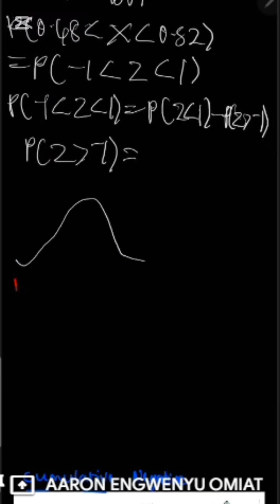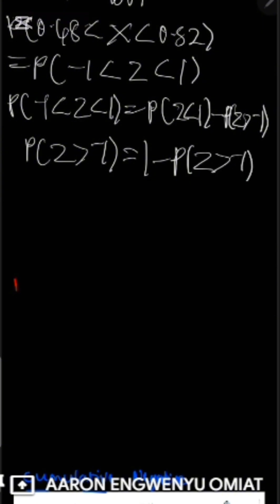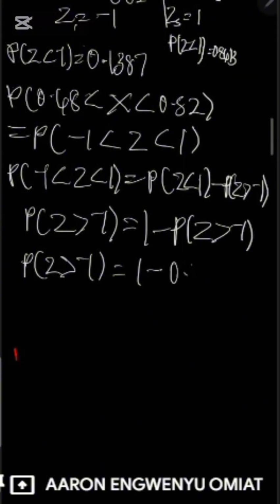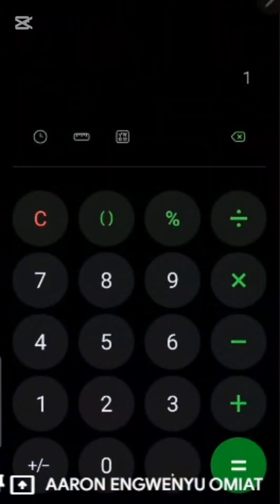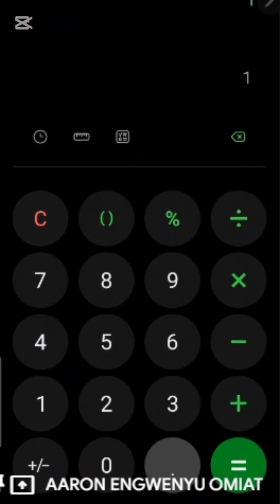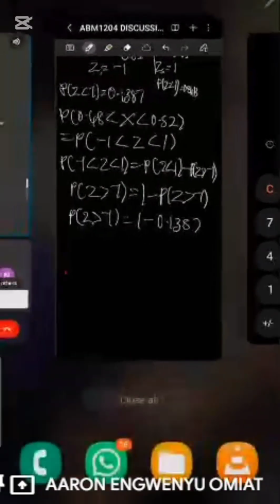So it is 1 minus the probability of z less than -1. We substitute: the probability of z greater than -1 will be 1 minus 0.1587, which is 0.8413.